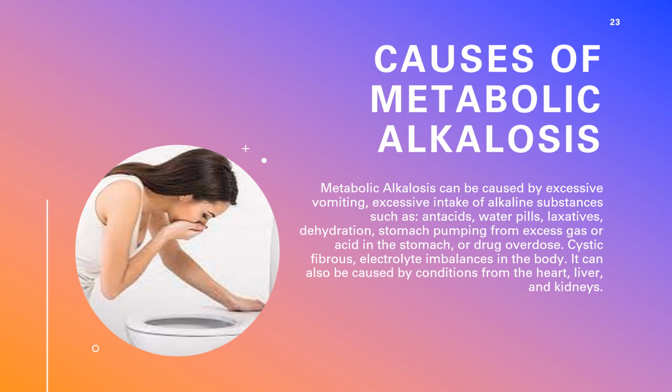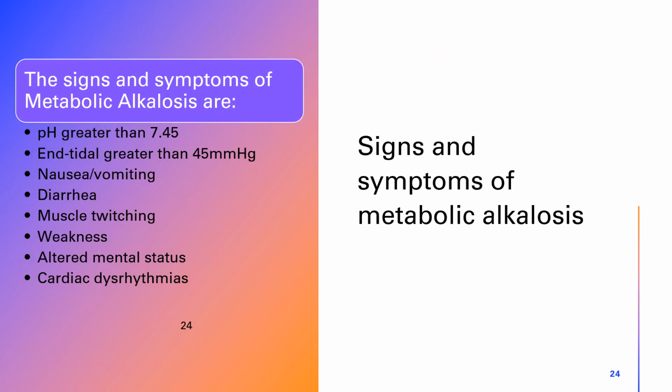Also, if the patient has experienced a drug overdose and then they had to have their stomach pumped, that could also cause metabolic alkalosis. It can also be caused by conditions from the heart and liver and kidneys. So if you have anything going on there, pretty much you can have this.